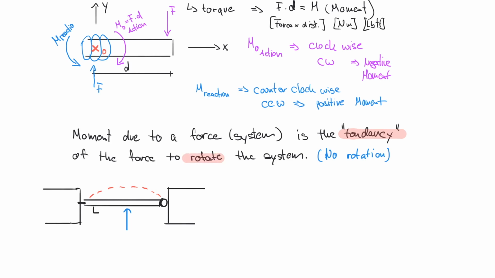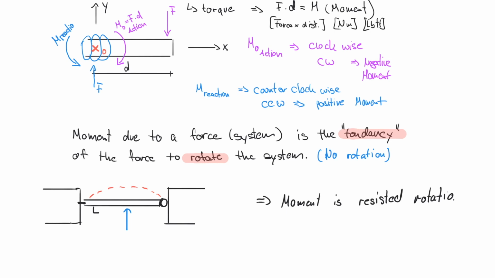So tendency to rotate the system is what a moment does. So in other words, we can say that the moment is resisted rotation. And that is a very important definition.